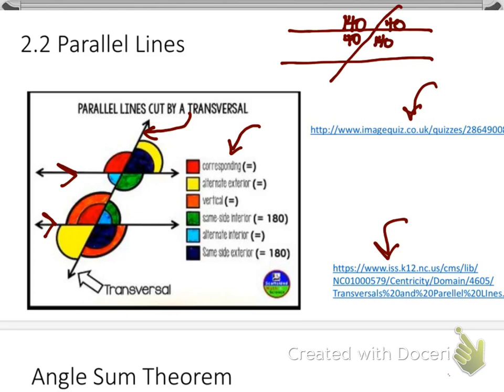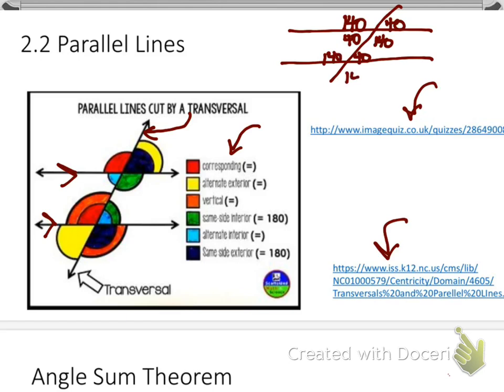Okay, so then we have other things going on. Alternate interior angles are equal. Inside the two parallel lines are interior. So the 40 alternates with this 40 here. The 140 alternates with this 140 there.